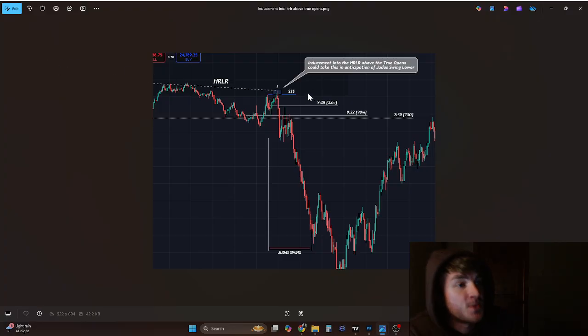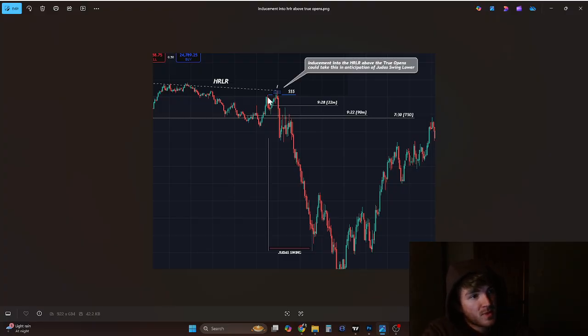And pay attention to all of our true opens. 7:30 is the true open. Once again, if you don't know what a true open is, it is the open of the second quarter of any range of time in quarterly theory. So the open of a 6-hour cycle, the open of a 90-minute cycle, etc.